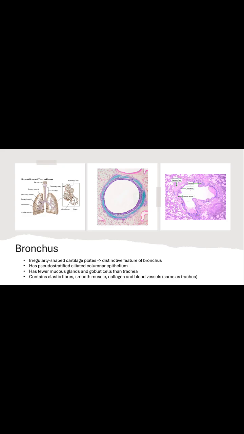It has fewer mucus glands and goblet cells than in the trachea, and this is a pattern that you'll see throughout as we get further and closer to the alveoli, because essentially we do not want infection to reach our alveoli.